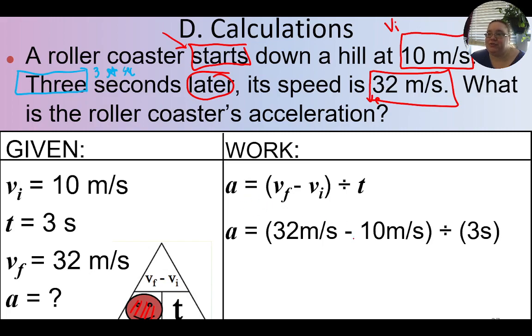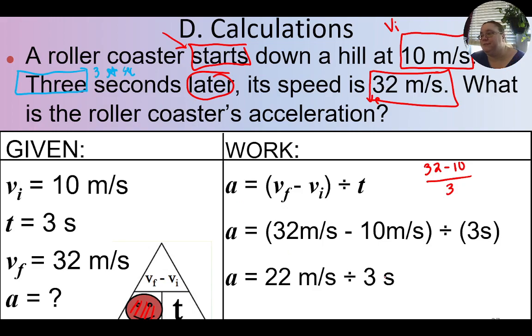Now, I use the parentheses in this layout, but with the Casio or the Desmos Scientific, you could type it into the calculator as 32 minus 10, all divided by 3. With the TI calculator, you'd have to use the parentheses, otherwise it would not necessarily do the order of operations correctly. You don't necessarily have to show this piece right here.